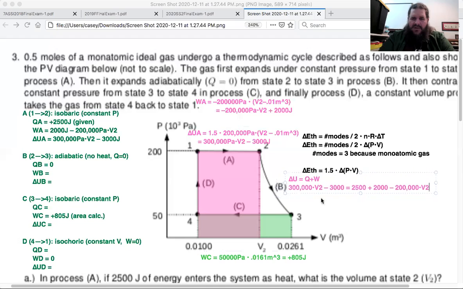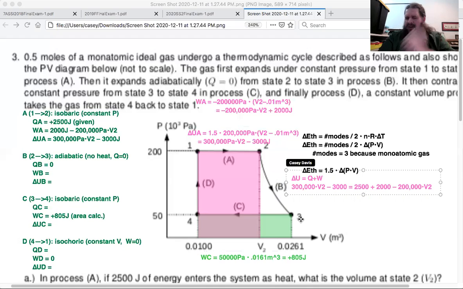And how could we use this to solve for V2 then? We would just have to factor V2 out. Yeah, although before that, we can't really factor V2 out until all the V2s are on the same side of the equation. So I think what we're going to want to do here is move things around.